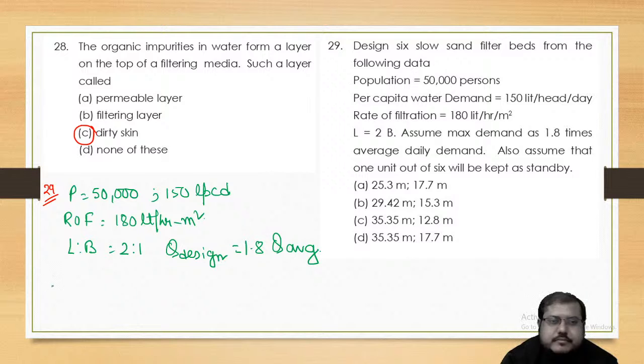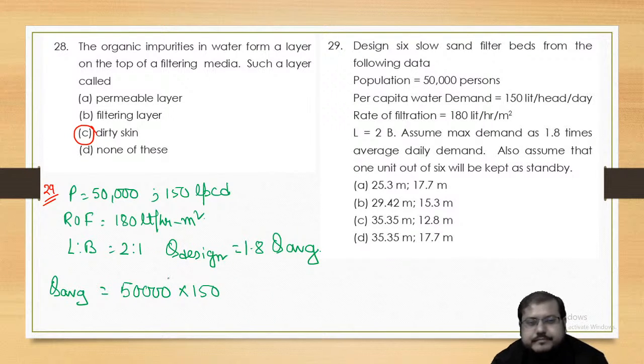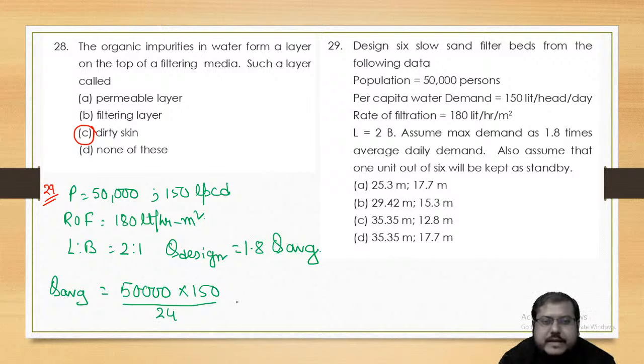So obviously first we need to find out Q average. That is population into per capita water demand, 50,000 into 150, in LPCD or liters per day, divided by 24, it will be liter per hour.